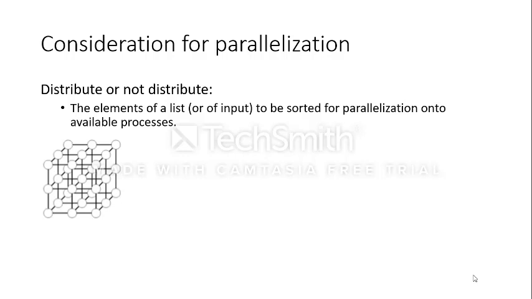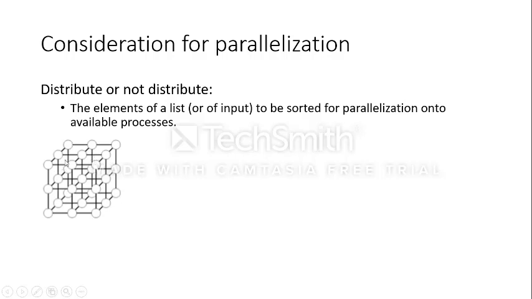Now suppose we have 27 values, so we can easily assign one element to each node of this mesh. So there is no need to worry much about how we have to distribute the elements.